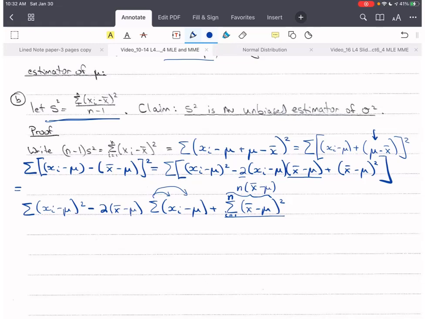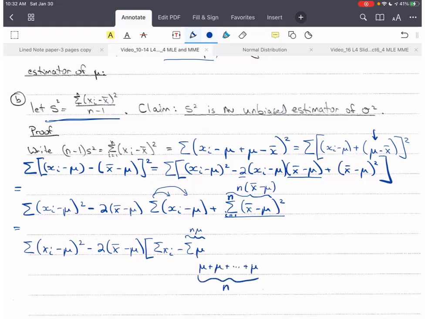So now we have equals the sum of xi minus mu quantity squared minus 2 times x bar minus mu times the sum of xi minus the sum of mu. And the sum of mu is going to again be n mu. Mu doesn't have any subscripts here, so we have mu plus mu n times. There's n of these, so that is by definition n times mu.